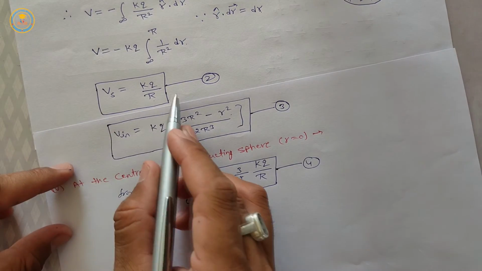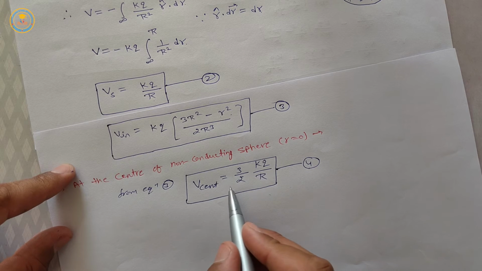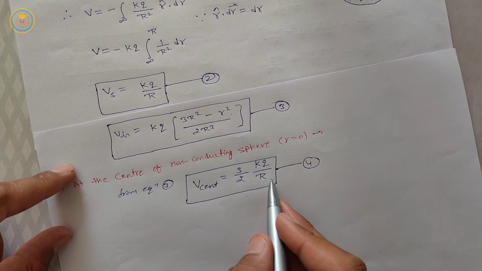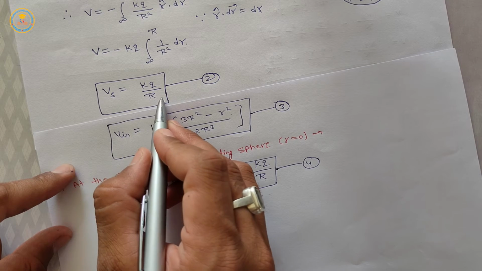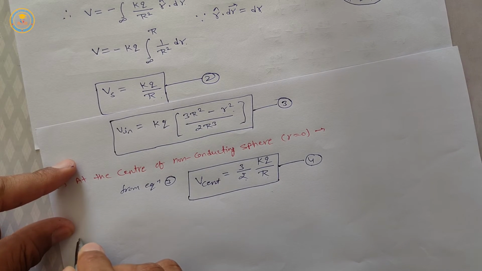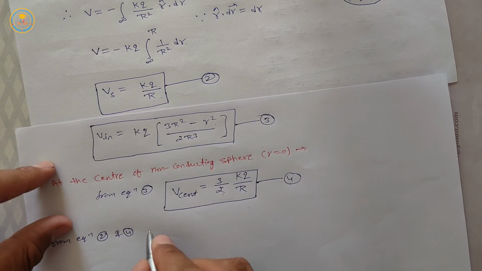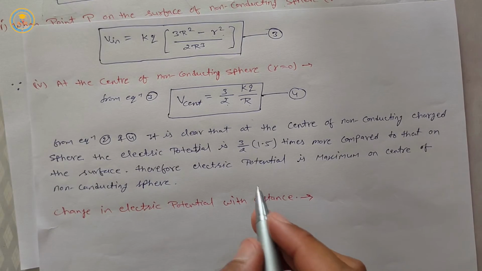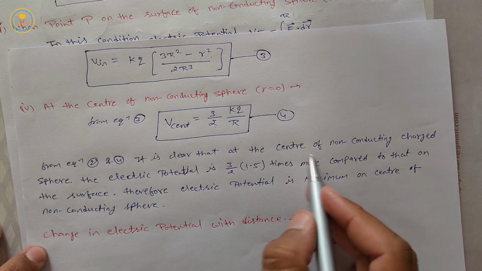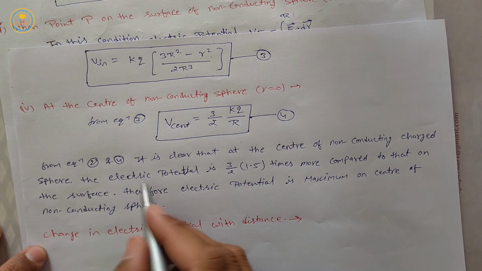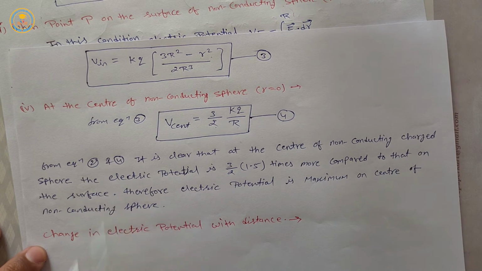So according to equation 2 and equation 4, we can easily see that the electric potential at the center of the sphere is 1.5, meaning 3 by 2 times more compared to the electric potential on the surface.